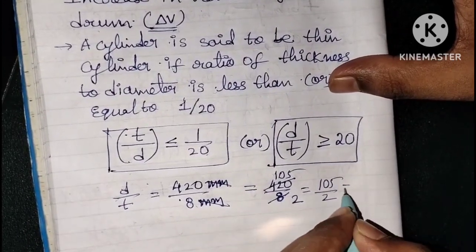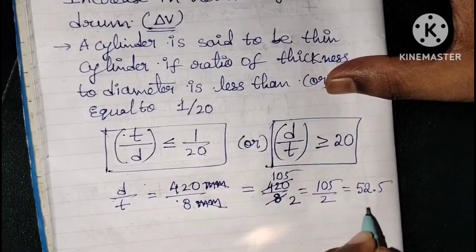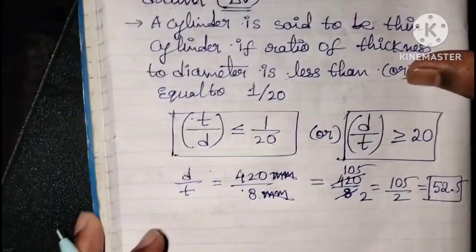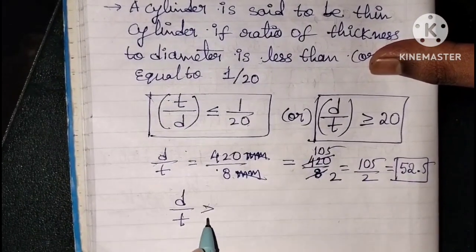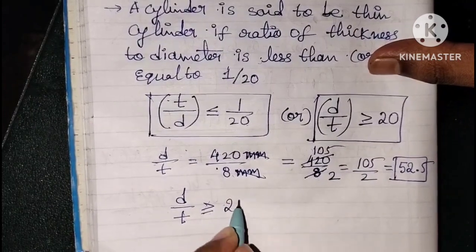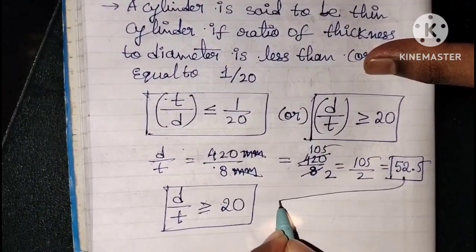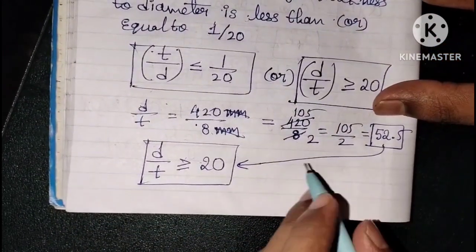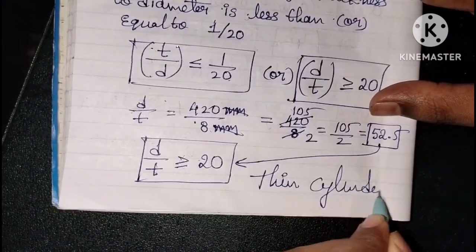So 105 by 2, you will get 52.5. You will get D by T as 52.5. So here D by T greater than or equal to 20. Because 52.5 is more than 20, the given cylinder is a thin cylinder.